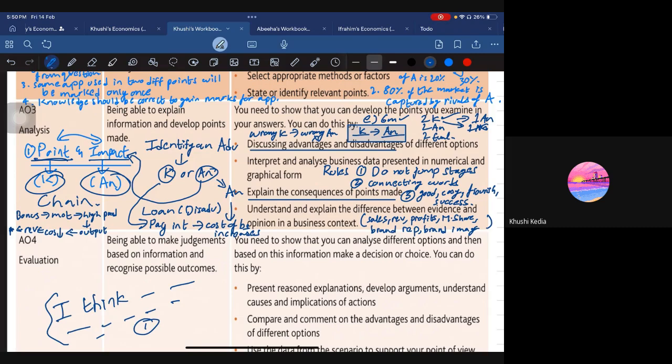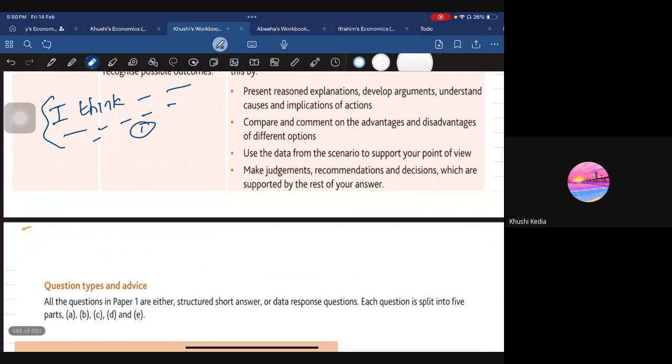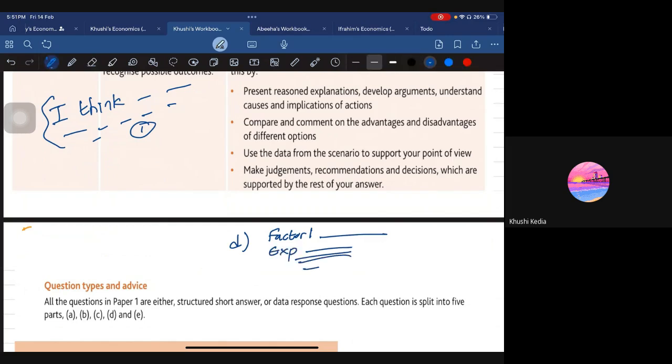And I tell you one more thing. You also need to understand whether he is going to mark for the second point or not. Sometimes you must have seen that the question, let's suppose for the application, a six-marker, D part, gives you factor one and then gives you the space for writing your explanation.